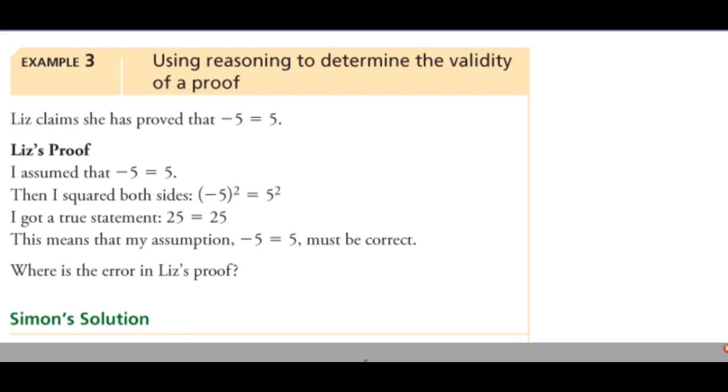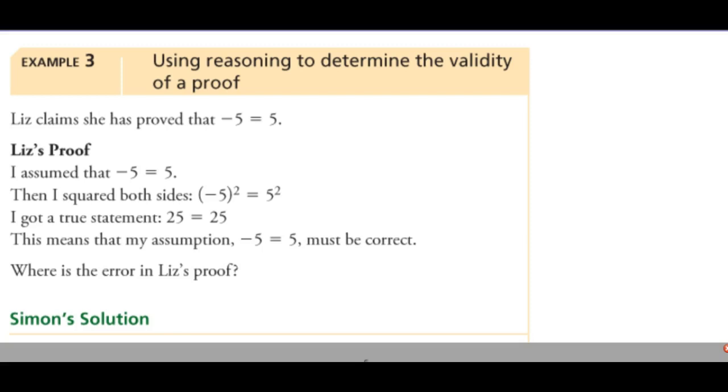Well, she's saying minus 5, right? Minus 5 squared is 25, and 5 squared is 25. So that's right. But you can't start with something that's a lie. You can't just say minus 5 is equal to 5 and then prove it. Okay? She's saying let's assume it is and then proving it. That's a lie. You can't start with an invalid statement.